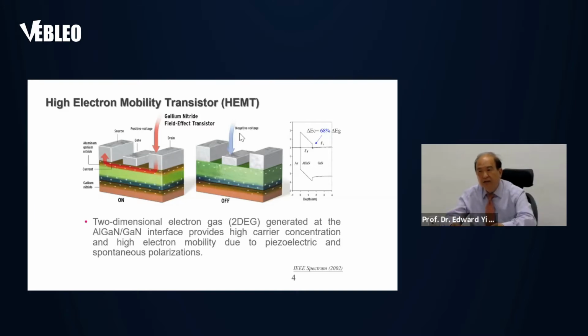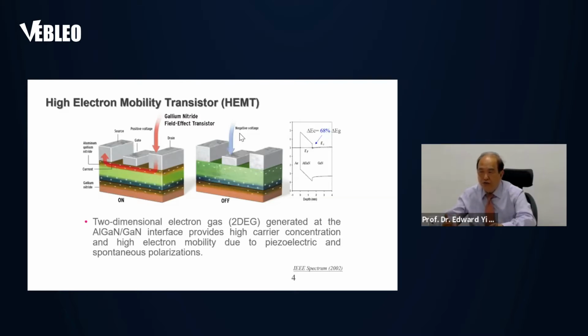And besides that, the material gallium nitride has high spontaneous polarization, and also because the two materials have very different crystal sizes, there is stress in the material itself, and that also forms a ferroelectric effect. So due to these two polarizations, an electric field is formed in the crystal.